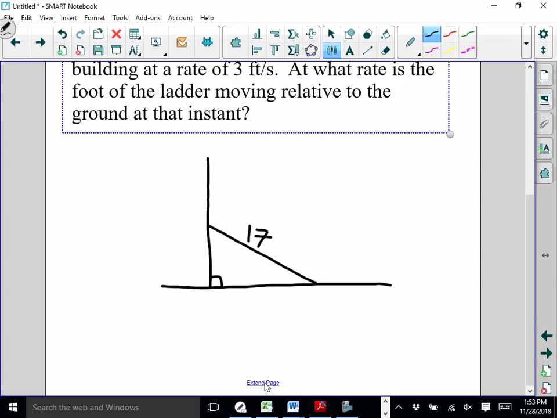So I'm going to call this distance x. I'm going to call this distance y. So we have our x and y.